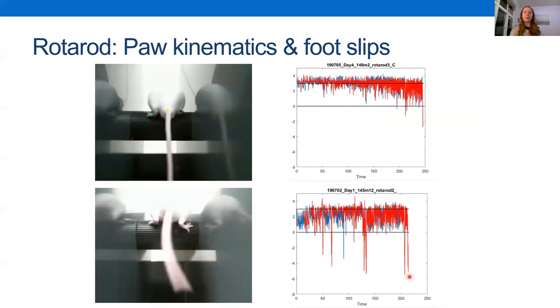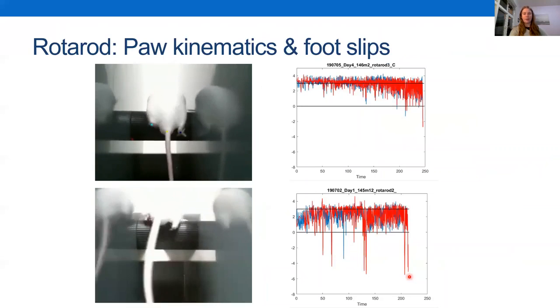Another analysis that I'm doing is using DeepLabCut, which is a machine learning tracking software to track the position of the mouse's paws during the rotor rod task. And this is the way that I can look more closely at this behavior. Here's two examples, the top being a wild type mouse, and the bottom is a Huntington's disease YAC128 mouse.